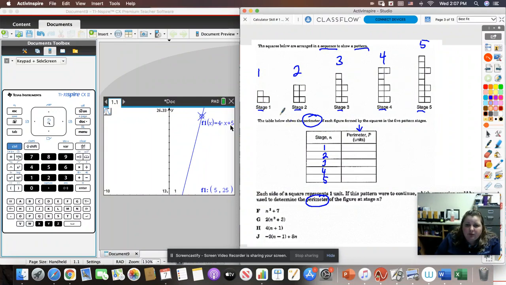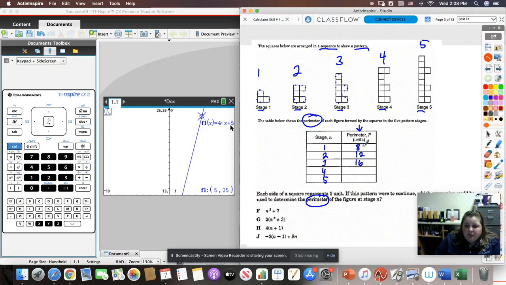So in the first one, if I look for the perimeter, it is 1, 2, 3, 4, 5, 6, 7, 8. Perimeter would be each side of a square counts as 1, so 1, 2, 3, 4, 5, 6, 7, 8, 9, 10, 11, and 12. Then 1, 2, 3, 4, 5, 6, 7, 8, 9, 10, 11, 12, 13, 14, 15, 16.